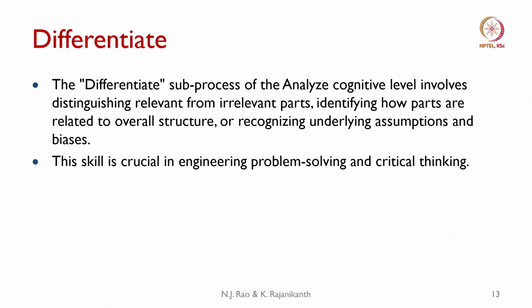Now let us start with differentiate. The differentiate sub-process of the analyze cognitive level involves distinguishing relevant from irrelevant parts, identifying how parts are related to overall structure, or recognizing underlying assumptions and biases. This skill is crucial in engineering problem solving and critical thinking.